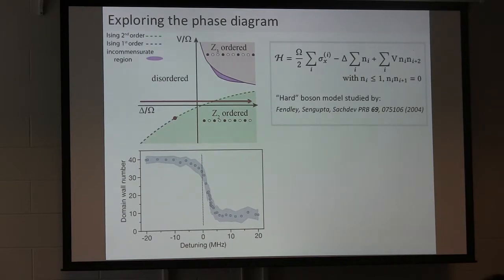So is it a mean-field phase diagram? It's 1D here. No, I don't think it's mean field. I think they somehow determine this transition numerically.